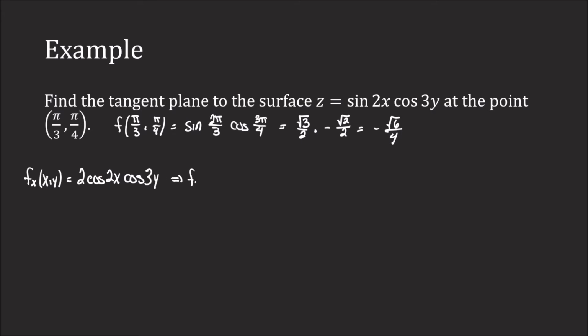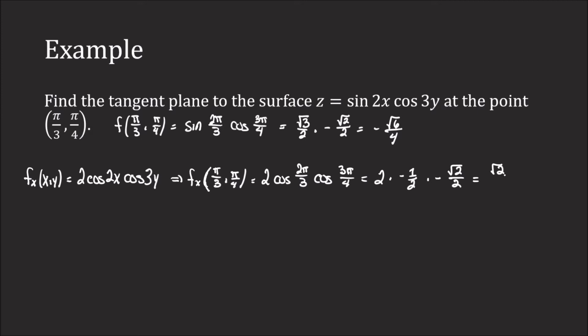And so evaluated at pi over 3, pi over 4, 2 cosine of 2 pi over 3 times the cosine of 3 pi over 4. So 2 times negative 1/2 times negative square root of 2 over 2. This will give us the square root of 2 over 2.